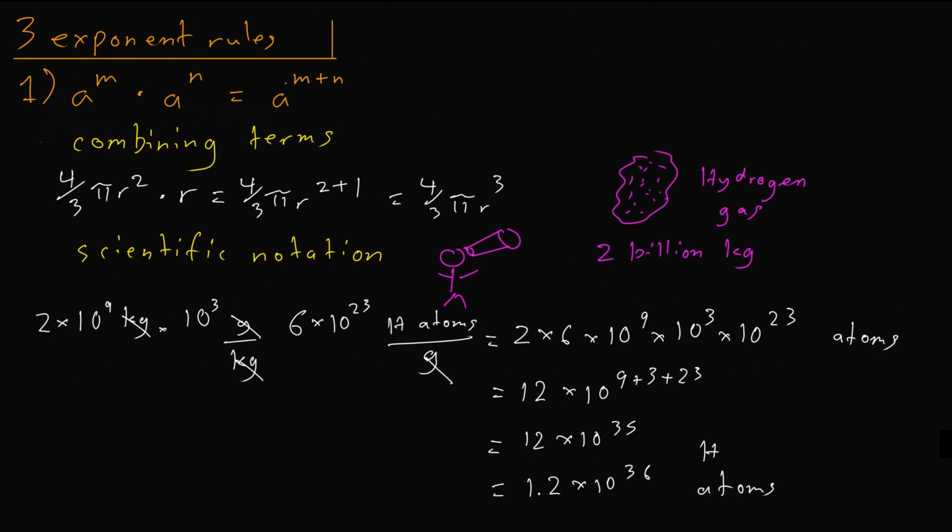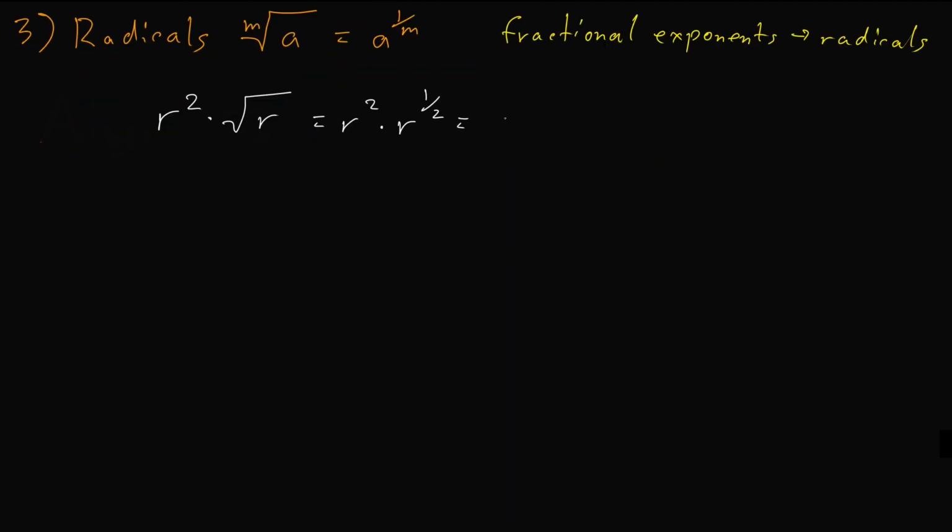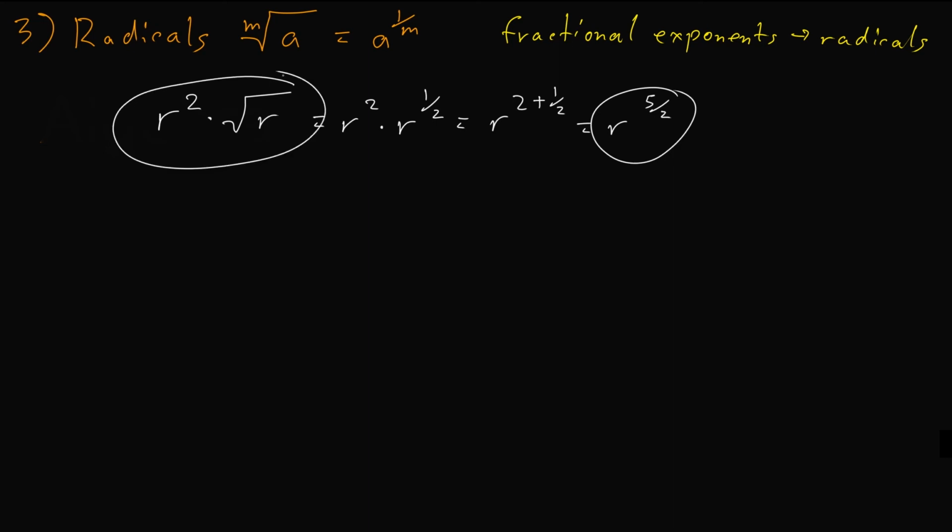This one right here, m plus n. Well, in this case, it's going to be r to the power of 2 plus 1/2. And if we work around with fractions, we could rewrite this as r to the power of 5/2, right? That works. So this is a way of rewriting this expression, and there's no more square root, there's no more radical sign, because it can get a little bit confusing or ugly with lots of radical signs floating around.